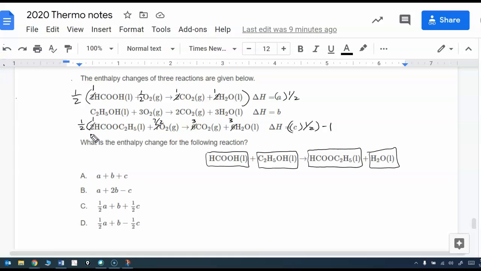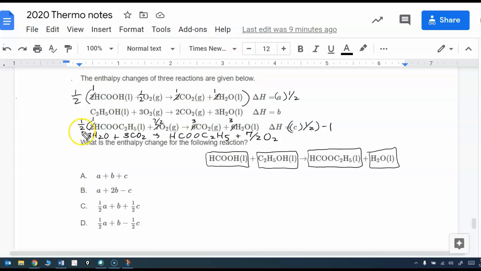So reversing the whole thing means I have 3H2O plus 3CO2 yield HCOOC2H5 and 7/2 O2.